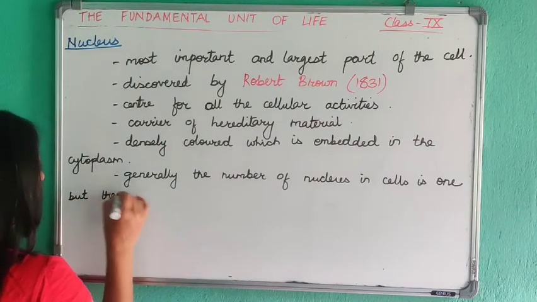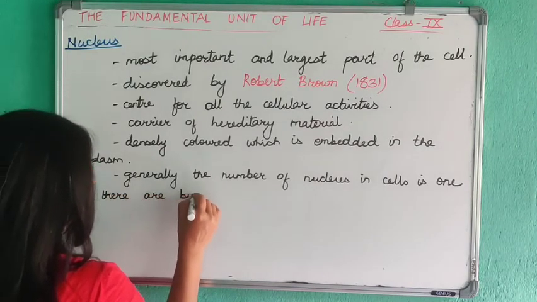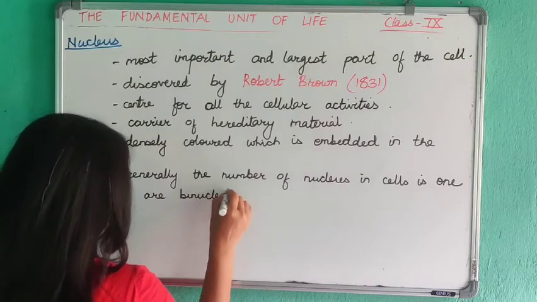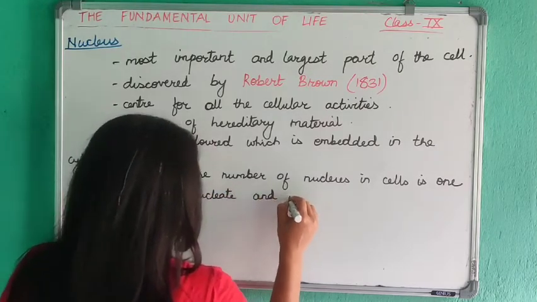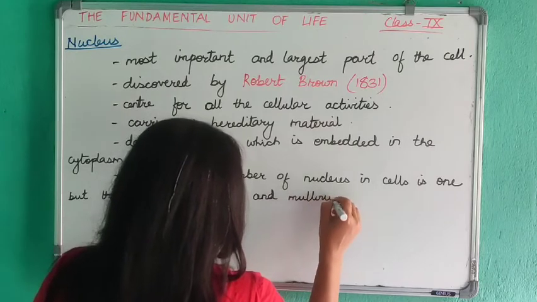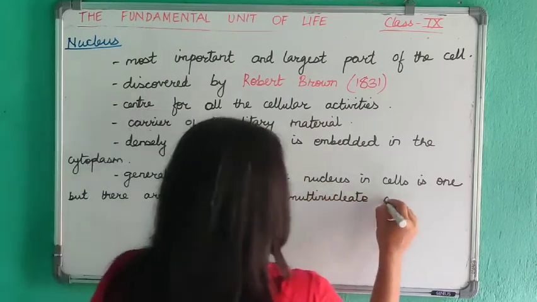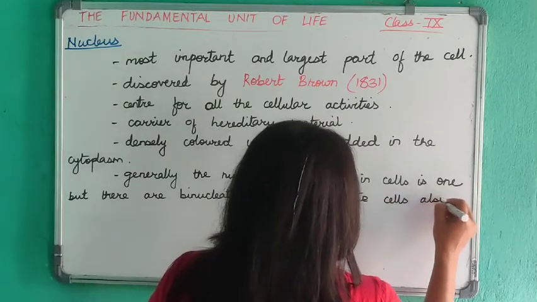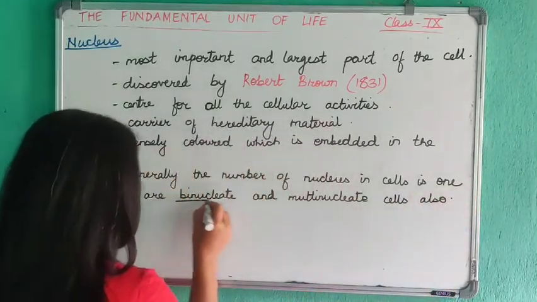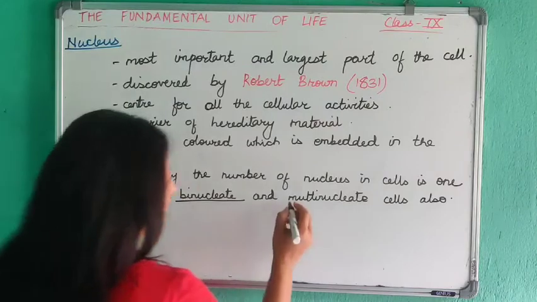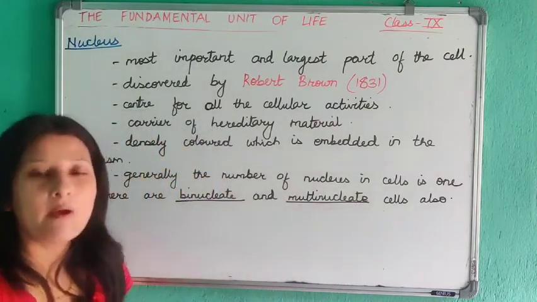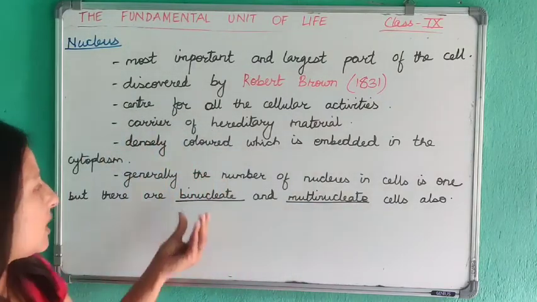There are binucleate and multinucleate cells also. Binucleate भनेको bi means 2, दुईटा न्यूक्लियस भएको या त multinucleate भनेको many nucleus भएको cells पनि हुन्छ.